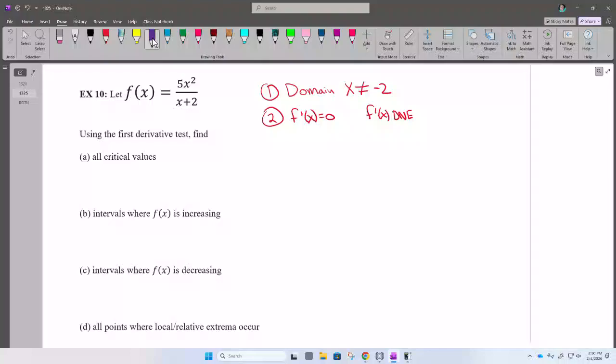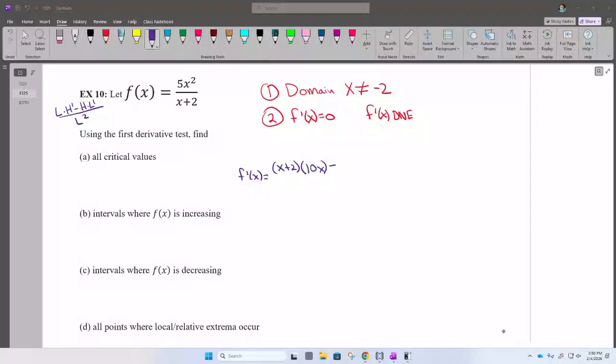Quotient rule says, low d high minus high d low over the square of what's below. So taking the derivative: low, I'm just going to write it down. D high, the derivative of the high part is 10x. Low d high.